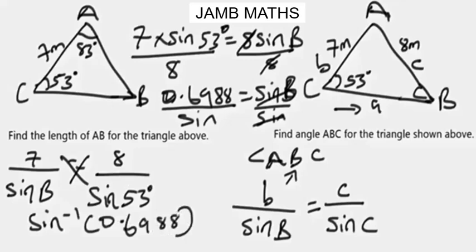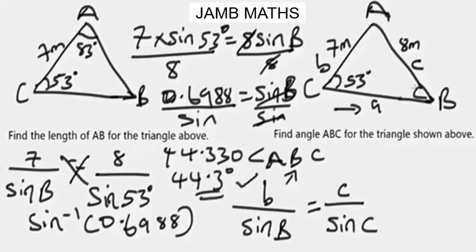Let me punch it in the calculator. Sine inverse of 0.6988 will give us 44.330. If you want to leave it in one decimal place, it will be 44.3 degrees. So that would be the angle for B. This will be our answer. What we have here is 44.3 degrees. So it's as simple as that, guys. Our B equals this.